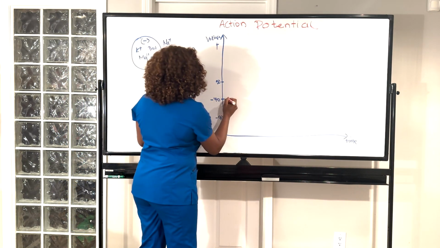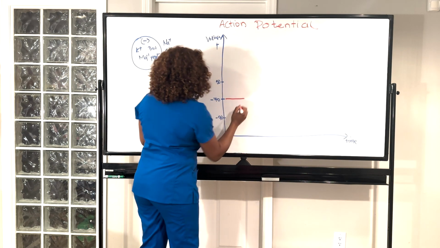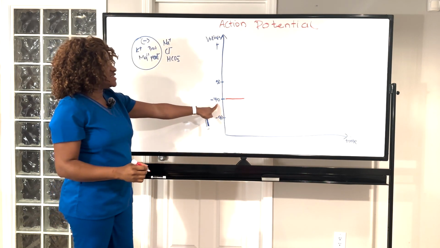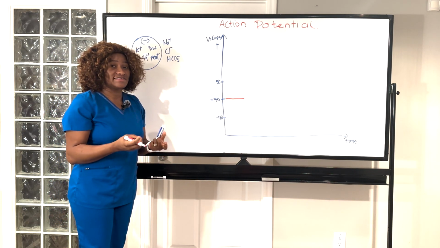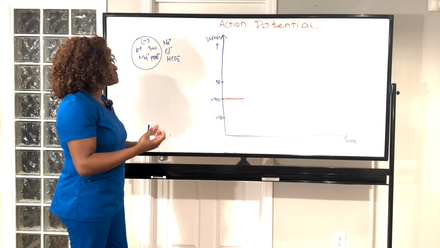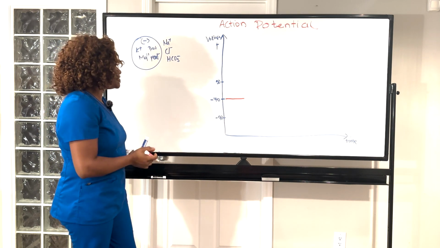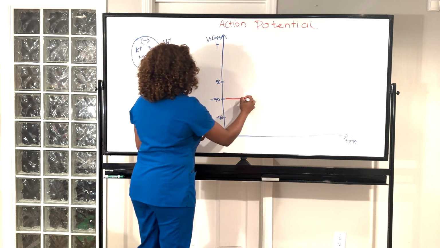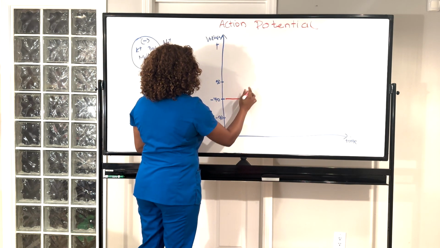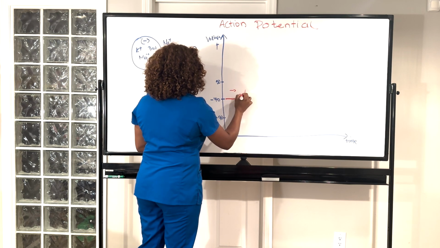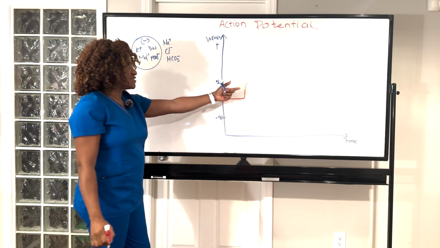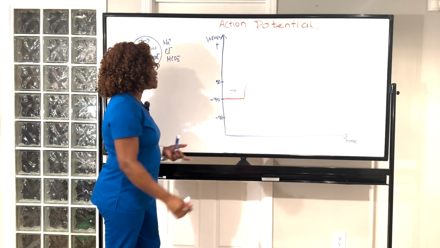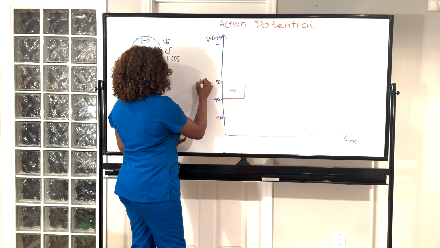So we said at a resting state, our membrane has a voltage of negative 70. Now, if a stimulus happens to that cell, let's say you get bitten and you start being in pain, any kind of stimulus, let's say we apply a stimulus here, it's going to raise our membrane potential until it reaches the threshold. We're going to take negative 50 as our threshold.